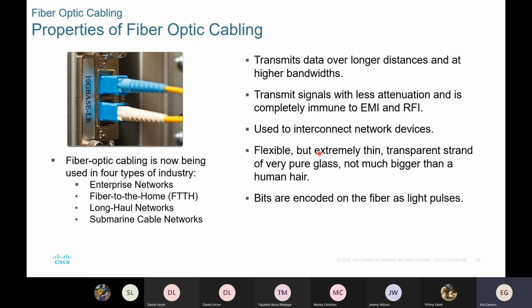The copper cable is much cheaper than the fiber optic cable. Fiber optic allows very long distance. I was telling you that UTP cable allows a distance of 100 meters, but fiber optic allows distances of kilometers. And fiber optic has much higher bandwidth than UTP cable.